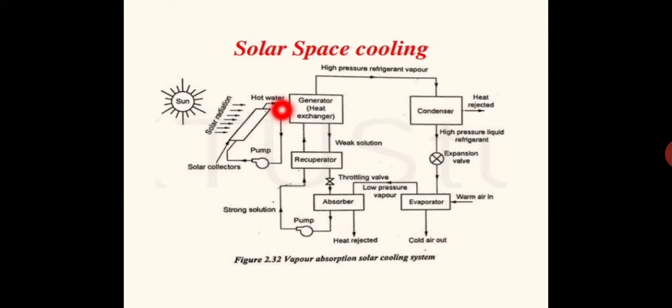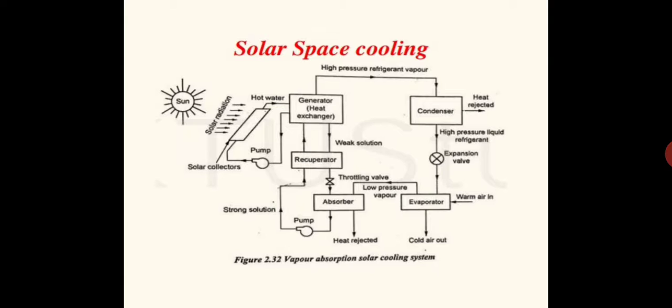So the temperature of the fluid coming from the solar collector will be decreasing. That low temperature fluid is again circulated back to the solar collector for absorbing more heat. So heat absorption is actually taking place here. So this is the collector fluid circuit.